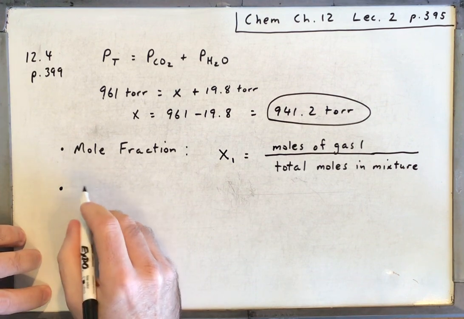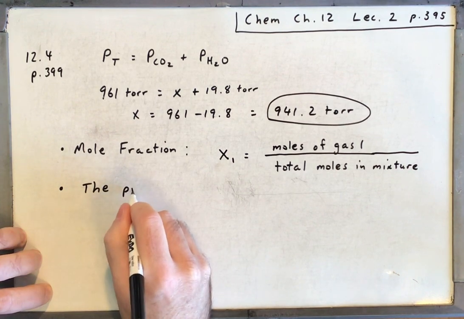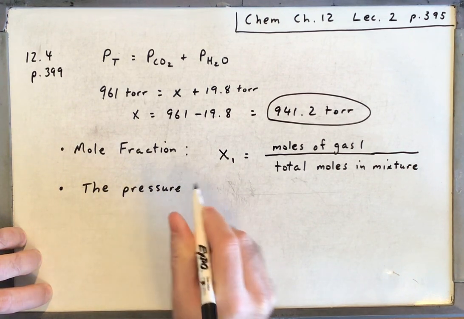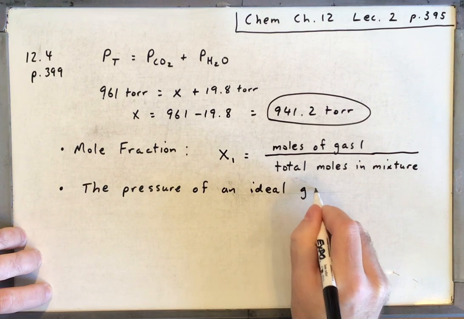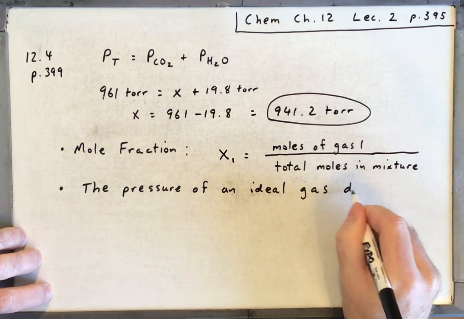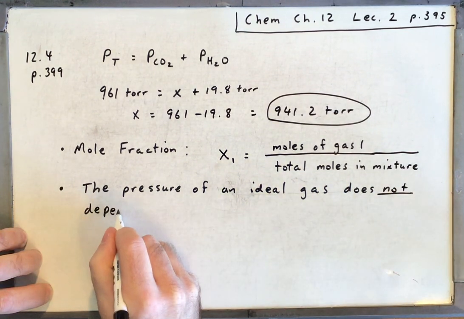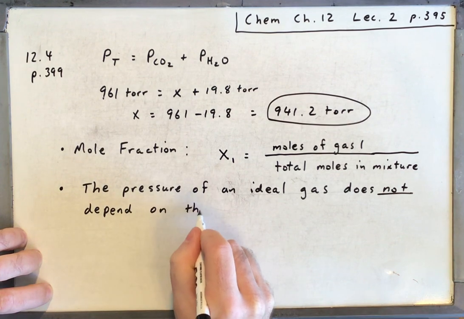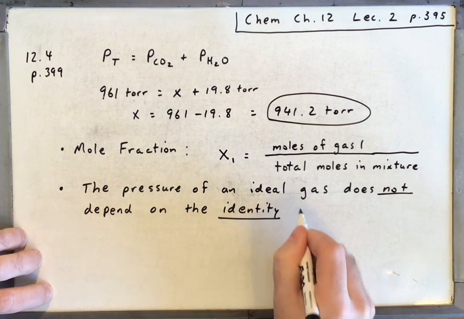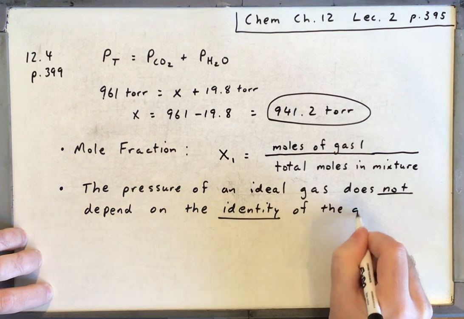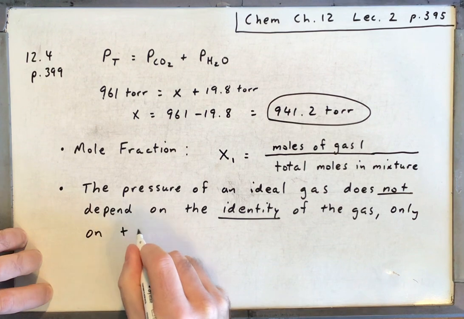This is something that I didn't type into the notes, but the pressure of an ideal gas, this is very important, does not depend on the identity of the gas, only on the quantity.